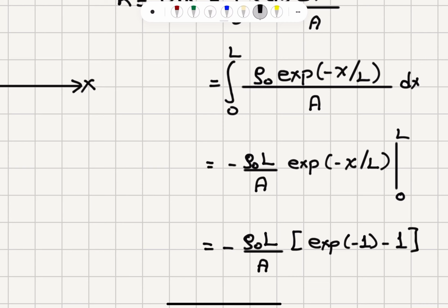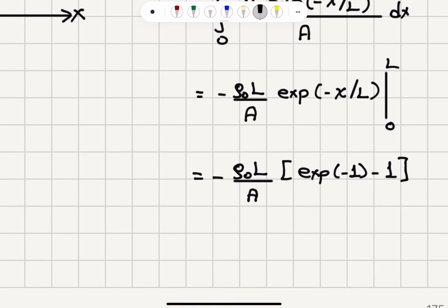So with the minus sign here, if I apply the minus sign to the parentheses, I will obtain my final answer. The resistance of the rod is rho 0 capital L divided by the cross-sectional area A, times 1 minus e to the minus 1.